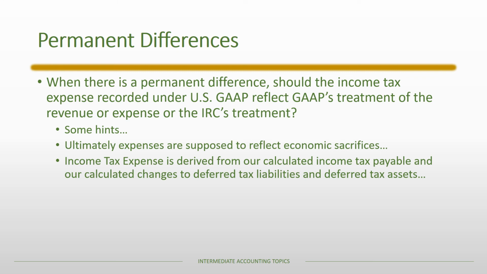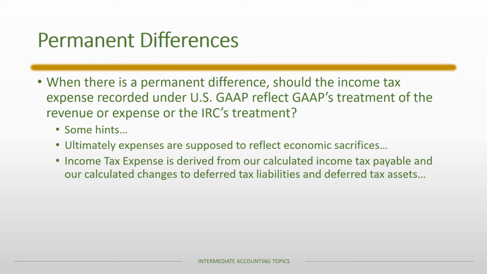Another principle is that income tax expense, if you've been following the previous lectures, we always derived from our calculated income taxes payable and our calculated changes to deferred tax liabilities and deferred tax assets. And so the income tax expense was derived from the Internal Revenue Code definition of income and any deferred tax liability and deferred tax asset accounts. And so if we think about that, with a permanent difference, there is no deferred tax liability and there is no deferred tax asset.